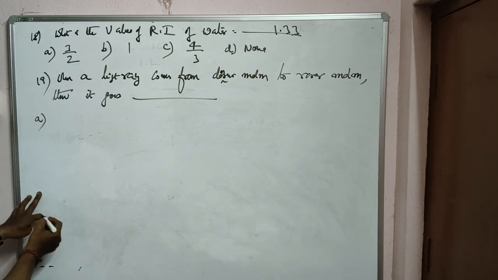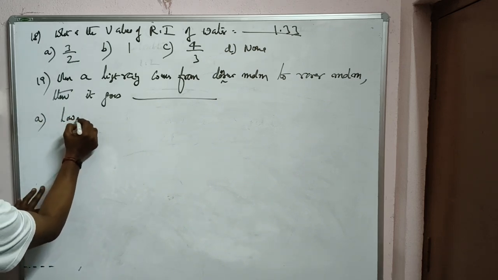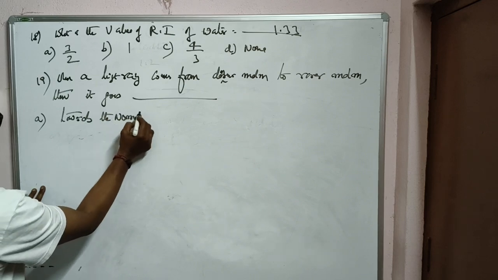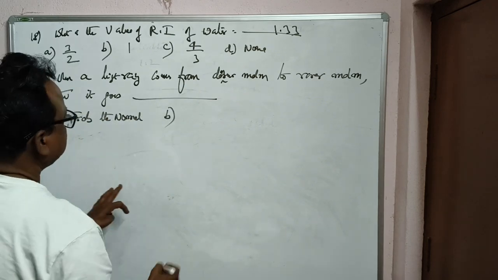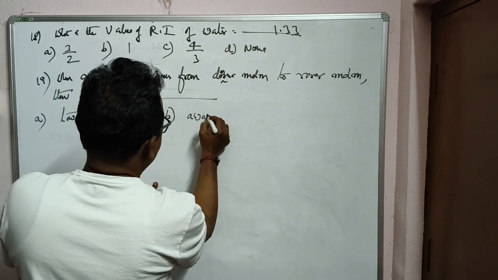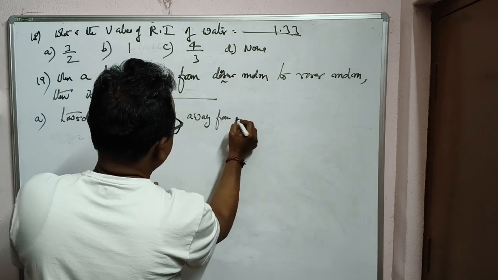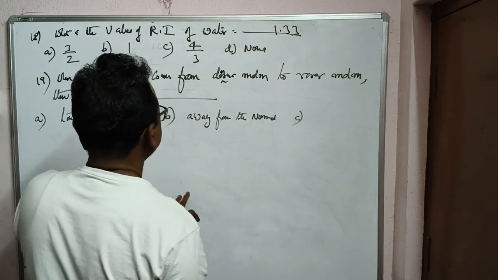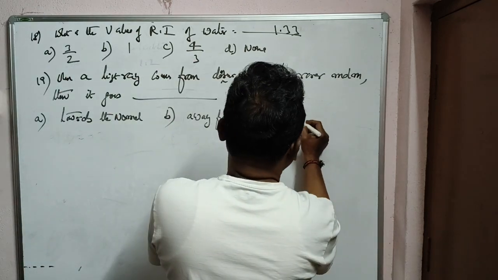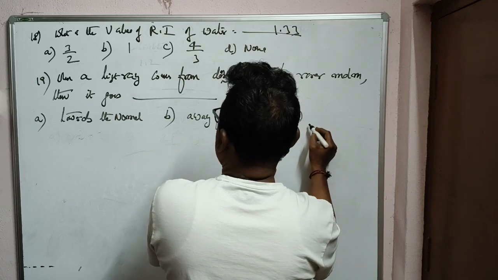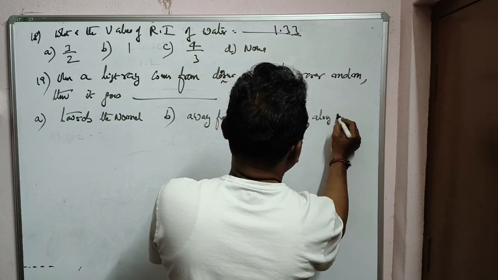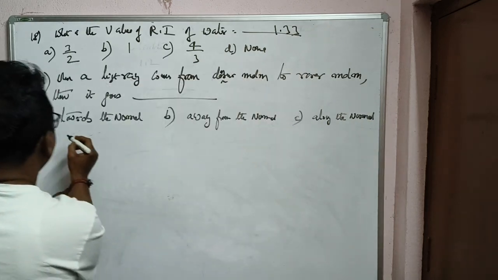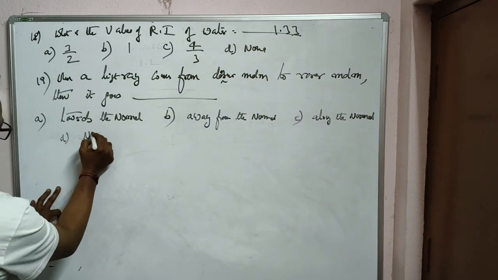A, towards the normal; B, away from the normal; C, along the normal; and D is none.